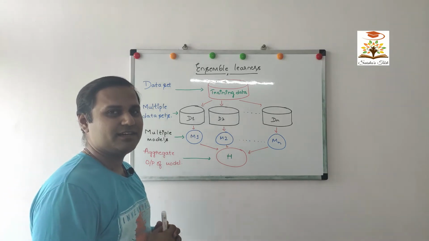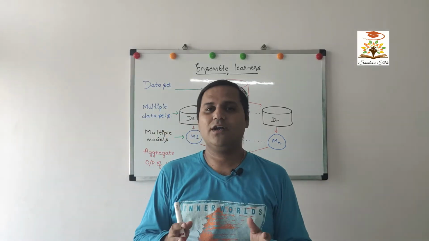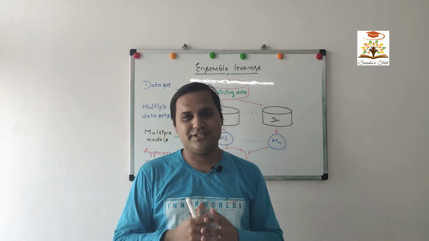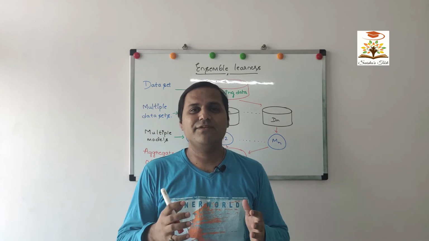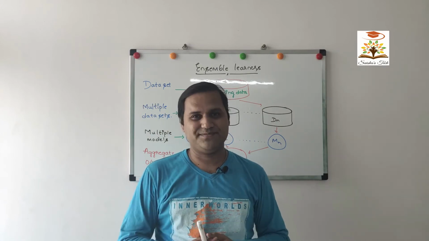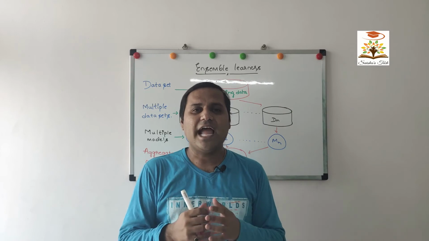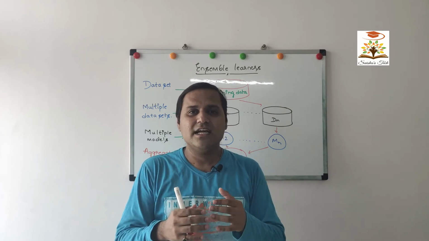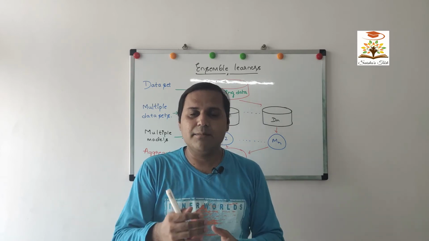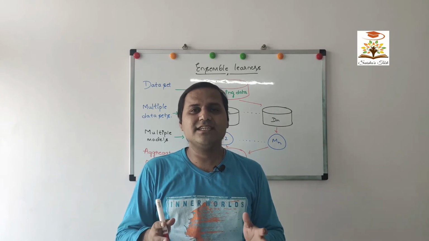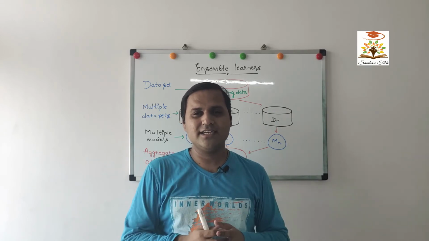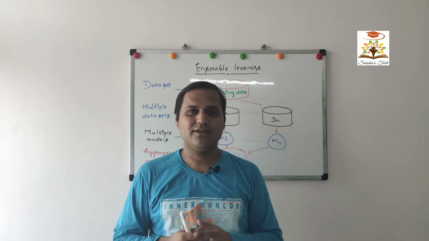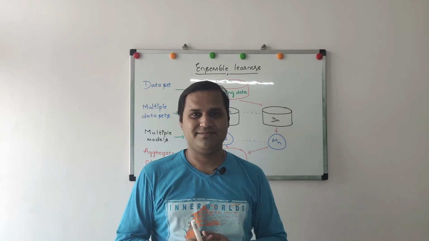This aggregation is different for different techniques, which we will understand in future videos. Now, as we have understood the flow of ensemble learners, let us understand the advantages and disadvantages of ensemble learners.